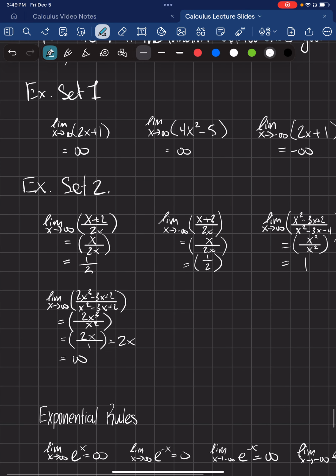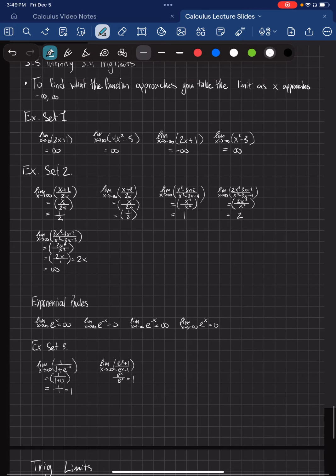And then we also saw when you have an even higher degree function on the top, like where we had x cubed on the top, and the part on the bottom was a lower degree, that it bloomed out to infinity. And we also know similarly, if we have a function where it's an even higher degree on the bottom and a lower degree on the top, that it's just going to approach 0.